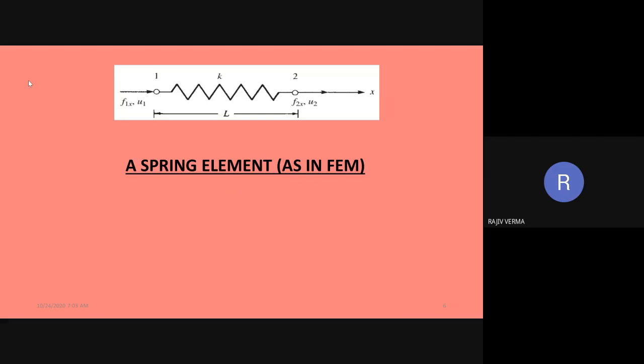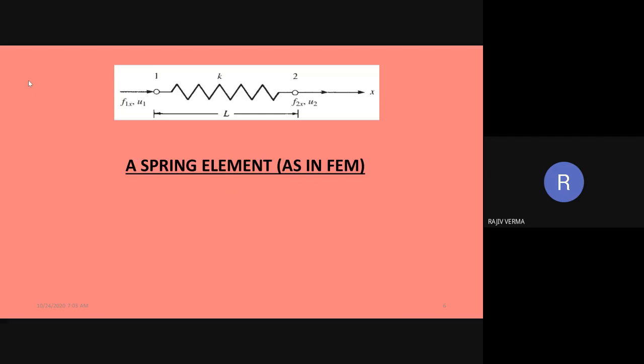Apart from this, both the nodes have deformation indicated by u1x, u2x, and there happens to be a force acting at both the locations given by f1x and f2x. The meaning of terms such as f1, f2, u1, and u2 is obviously known, but the force has a subscript x also.